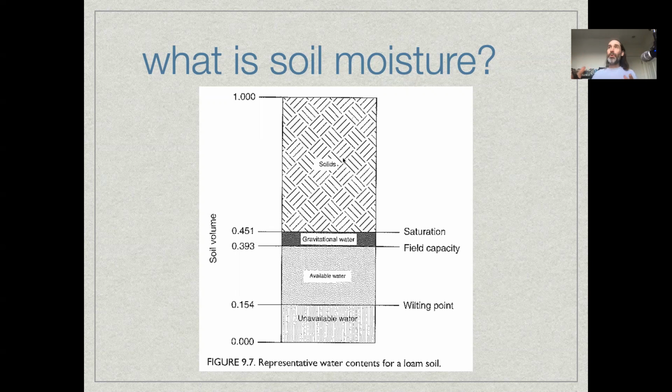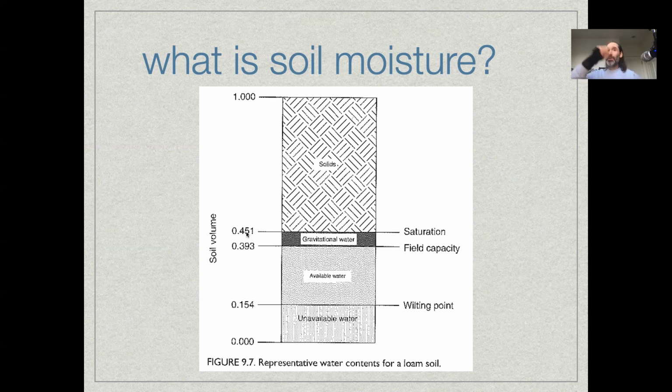And that pore space, in this particular example, envisioning 1 meter worth of soil, 45% of that is either gas or liquid. If we're on the surface, it's going to either wet up and fill and saturate in big rain events, or drain out and dry out during dry periods.